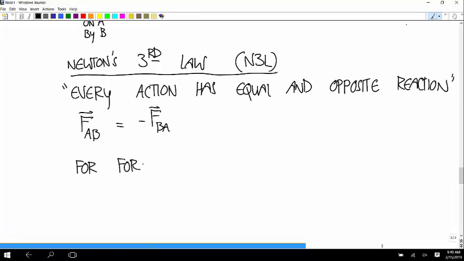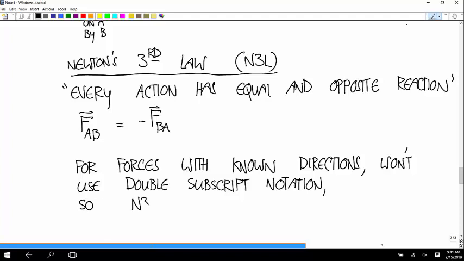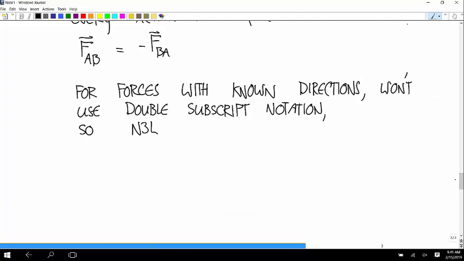For forces with known directions, I'll be using that double subscript notation because the variables you're talking about are scalars. So Newton's third law with forces with known directions works like this.